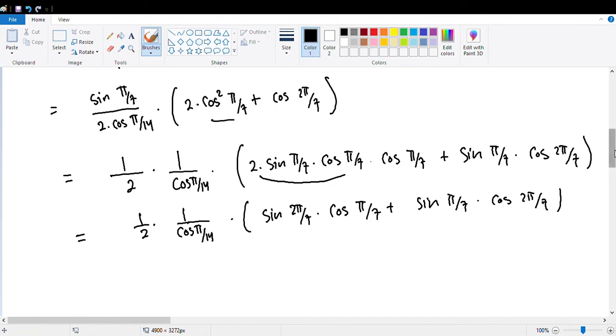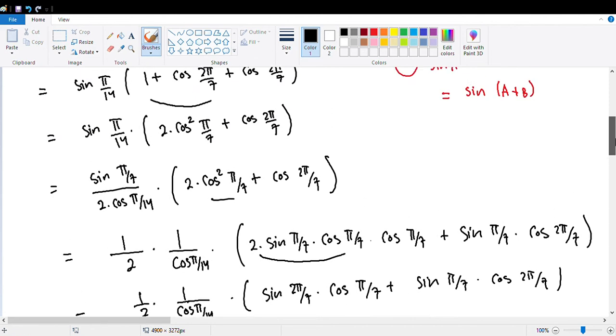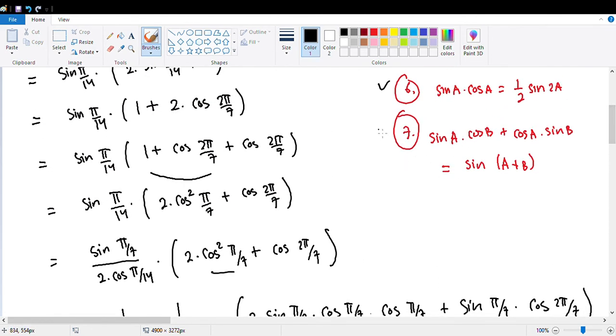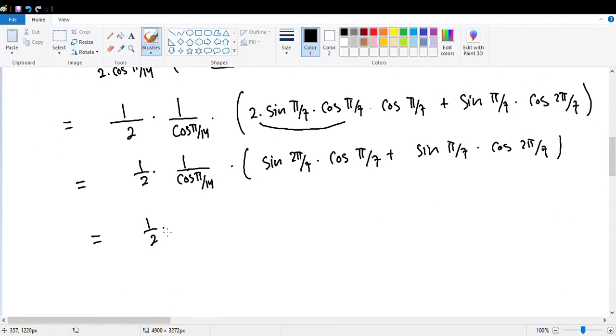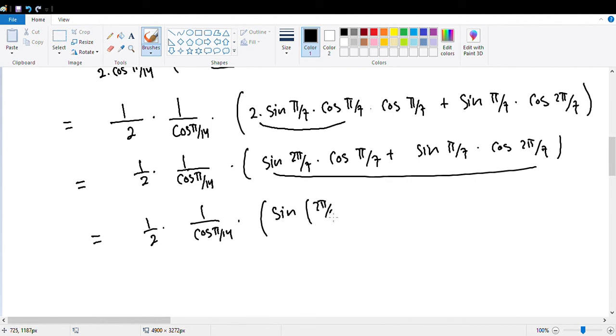Now it's clear that this expression is the same as formula number 7, that is sine A times cosine B plus cosine A times sine B is equal to sine of (A plus B). So we can say 1 half of cosine pi over 14 times this expression becomes sine of 2 pi over 7 plus pi over 7, right?